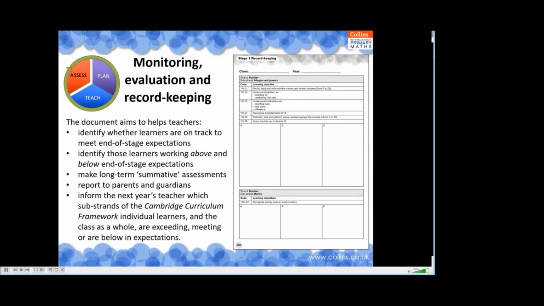This document aims to help teachers identify whether learners are on track to meet end-of-stage expectations, identify those learners who are working above and below end-of-stage expectations, make long-term summative assessments, report to parents and guardians, and importantly, inform the next year's teacher which substrands of the Cambridge framework, individual learners, and the class as a whole are exceeding, meeting, or are below in expectations.